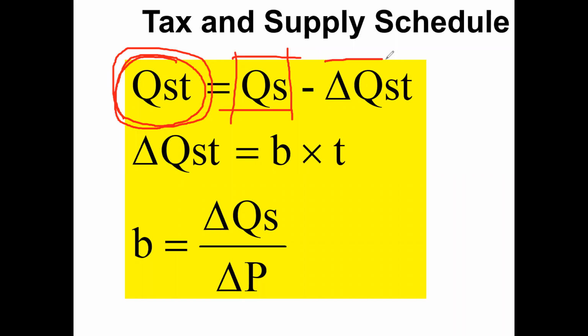Then delta QST equals change in supply quantity due to tax.